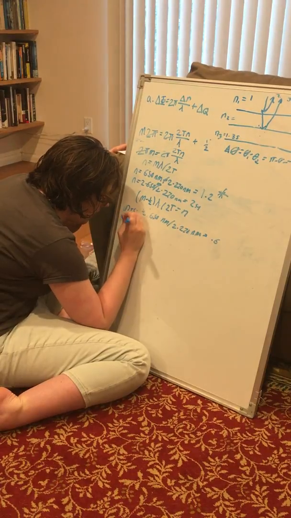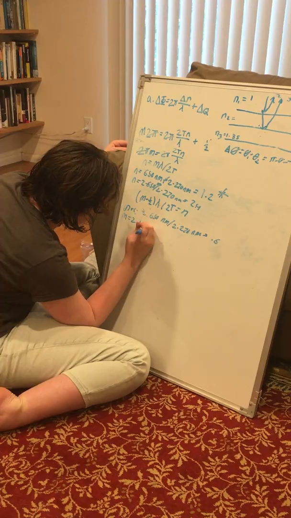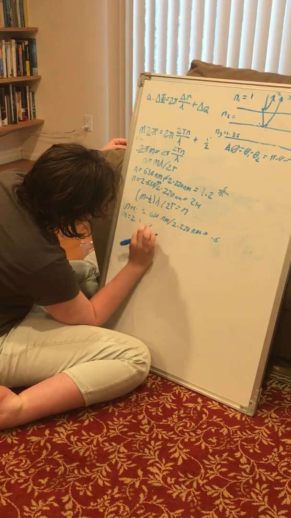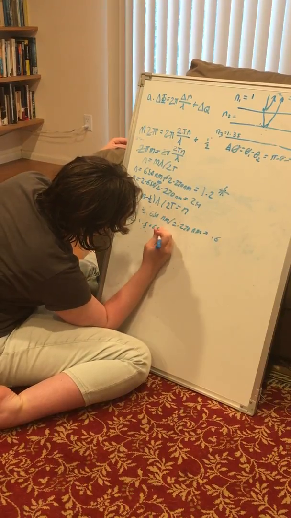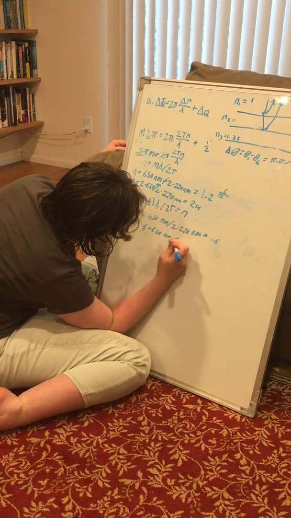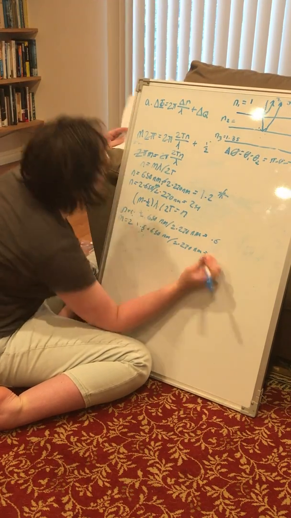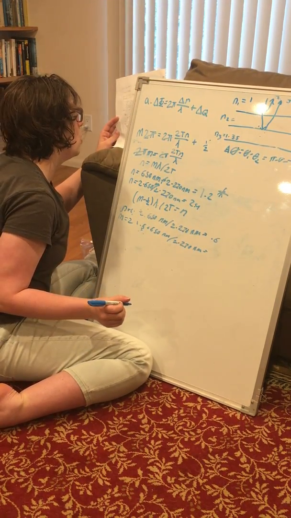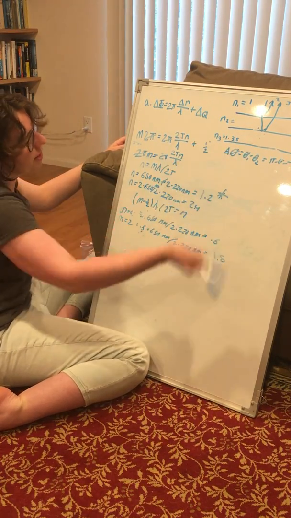For m equals 2, we get 1.5 times 650 nanometers divided by 2 times 270 nanometers, which is equal to 1.8, which is above that, so that's a valid answer.